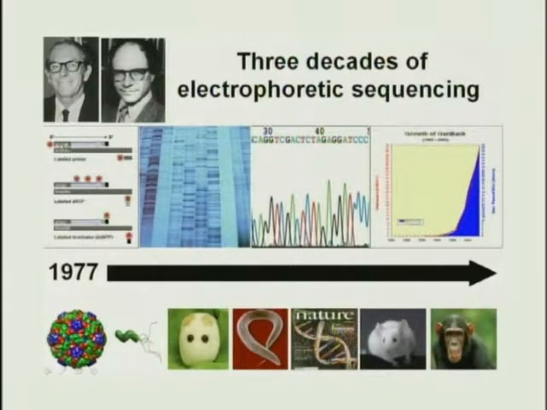The basic idea, as I'm sure many of you know, is that you have chain termination with dideoxy nucleotides. In the old days, you'd run 4 lanes corresponding to A, G, C, and T of the products of these reactions. In the mid-80s to 90s, this was automated, and a fluorescence-based detection system was developed, resulting in traces that we're much more familiar with.